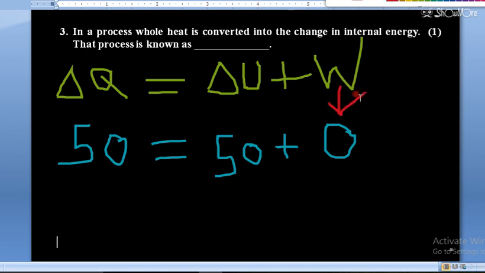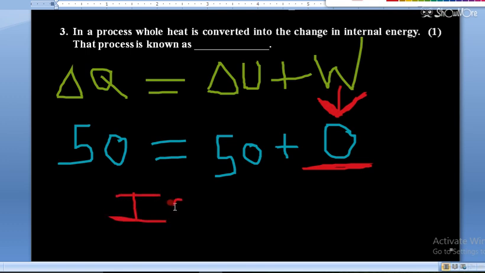The process which is happening here, for that process the work done is equal to 0. In which process is work done 0? When the volume does not change. Because if volume changes, then we say work is done by the system or on the system. But if work done is equal to 0, that process is called isochoric, in which the volume does not change.